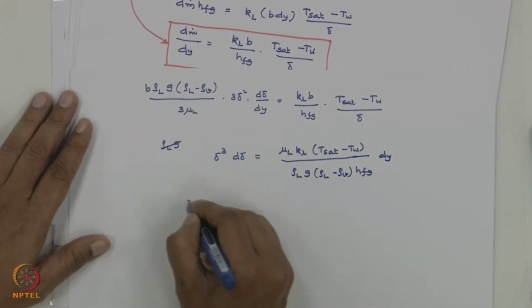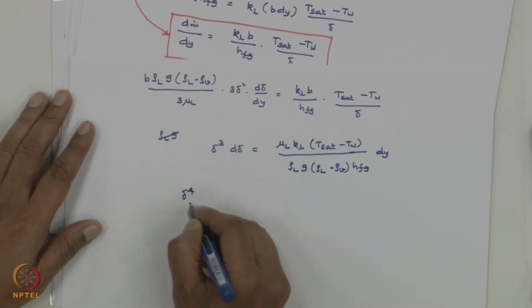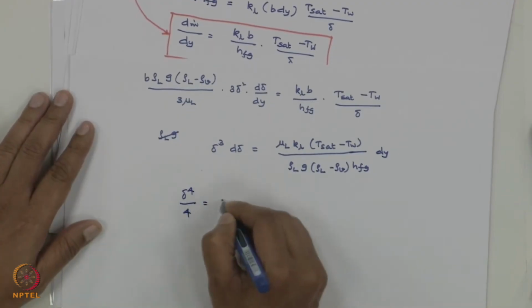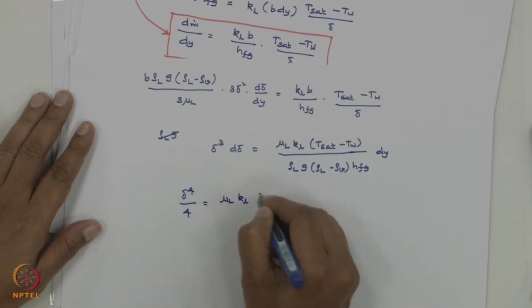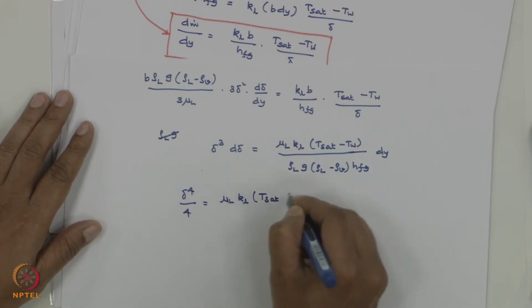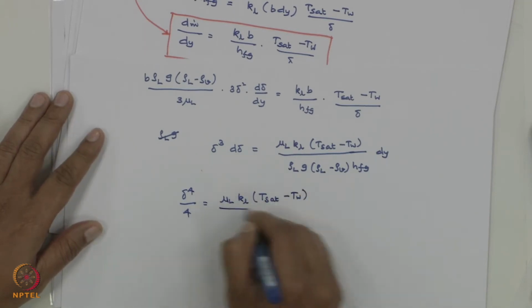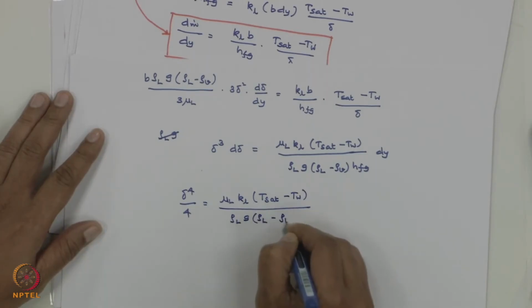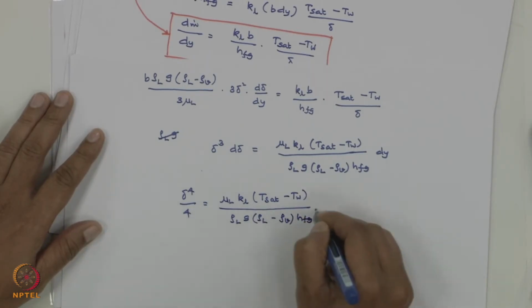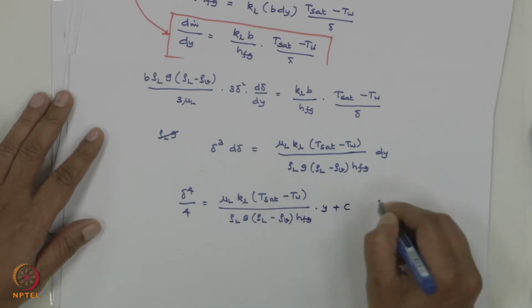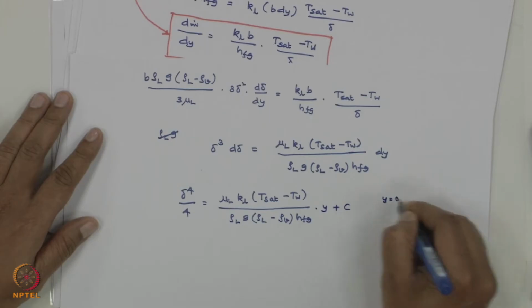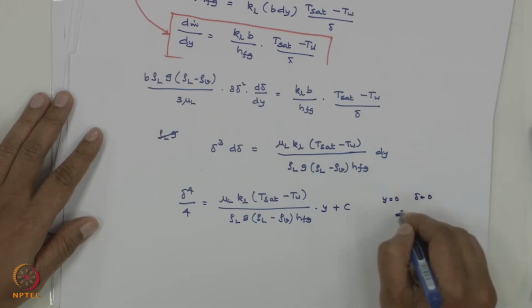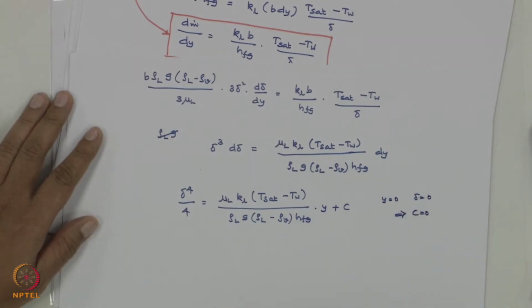If I integrate this, delta to the power of 4 upon 4 equal to mu L KL into T sat minus T wall upon rho L g into rho L minus rho V into HFG into y plus c. At y equal to 0, delta equal to 0, which implies c equal to 0.